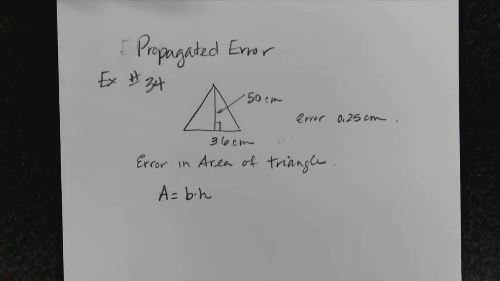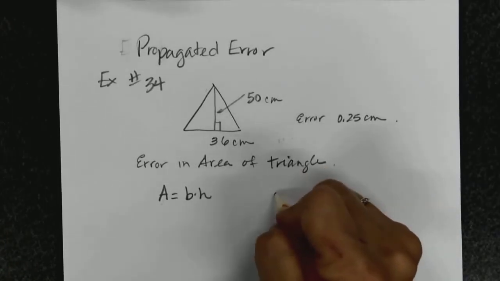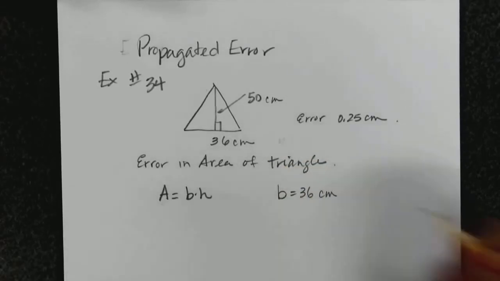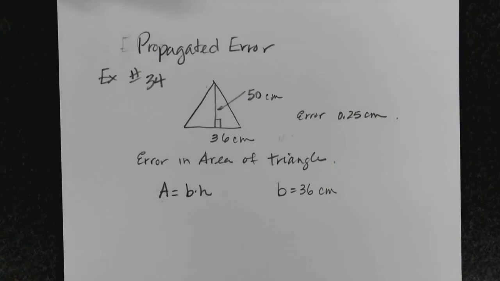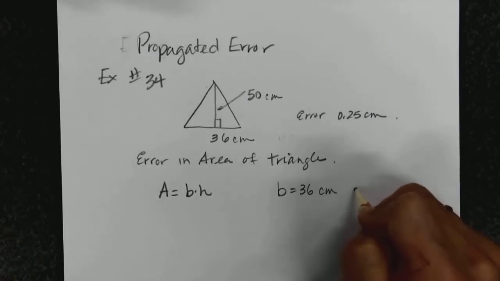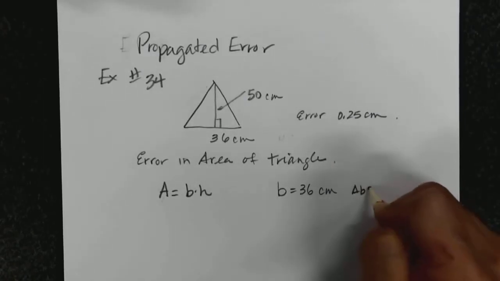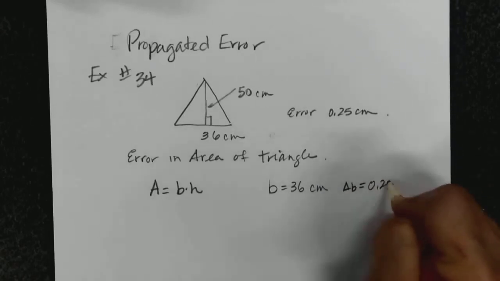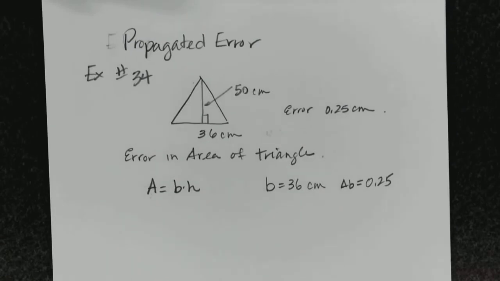Okay. And we got the base being 36 centimeters, and the error being delta B, which is 0.25. Okay.